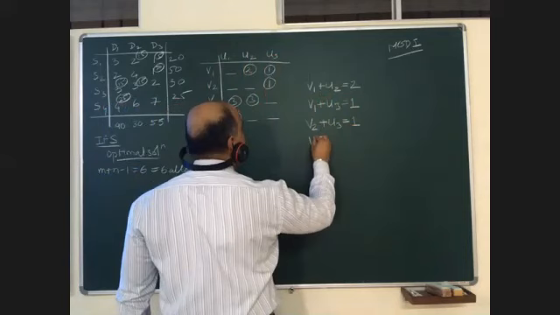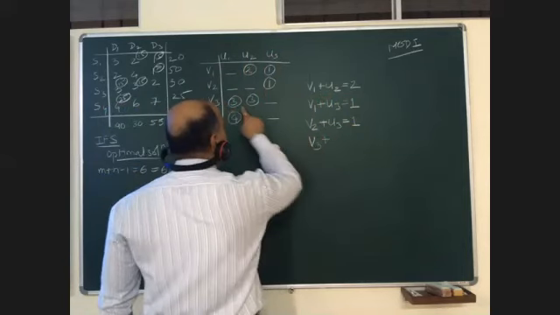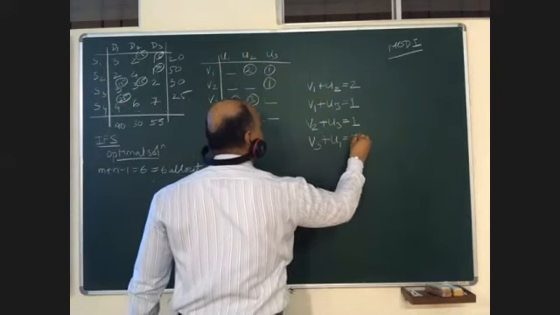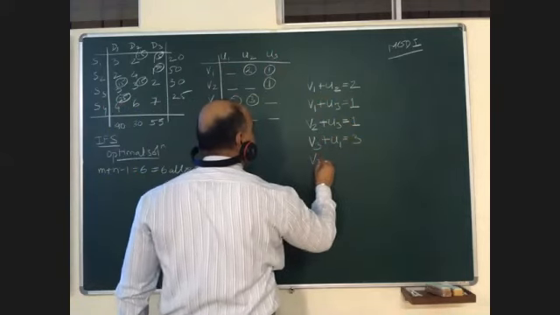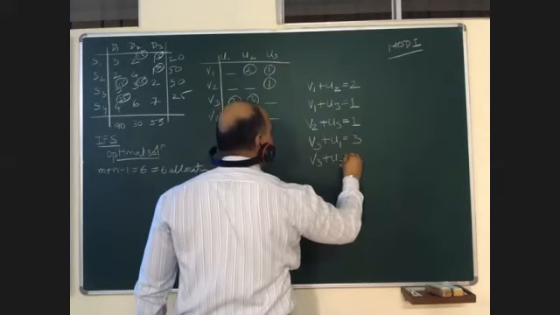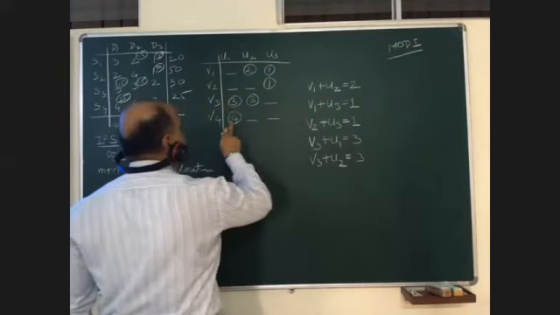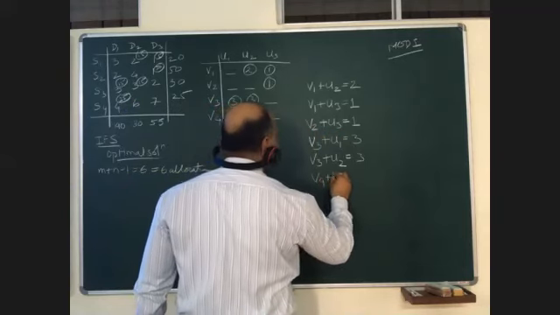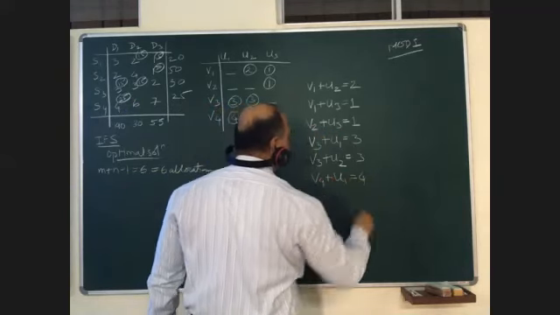Next, V3, this one, V3 plus U1 is equal to 3. V3 plus U2 is equal to 3. And the last one is V4 plus U1 is equal to 4.